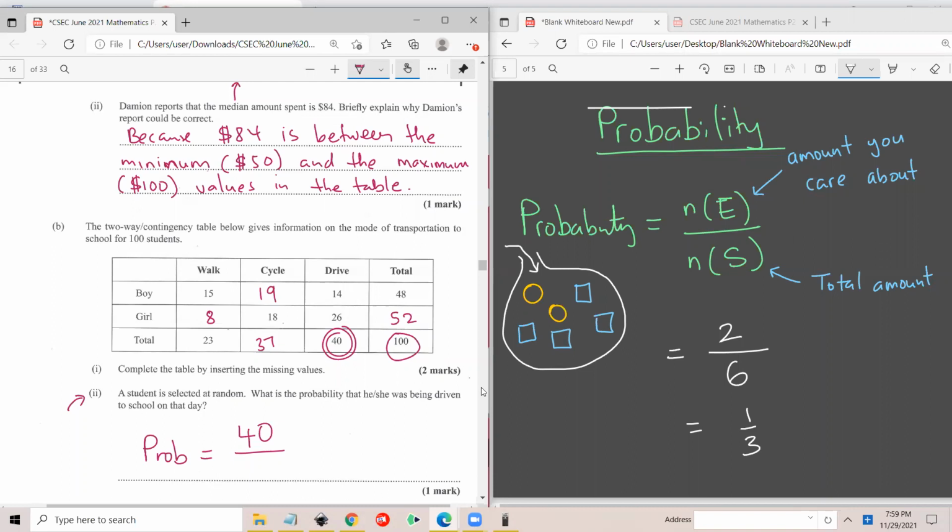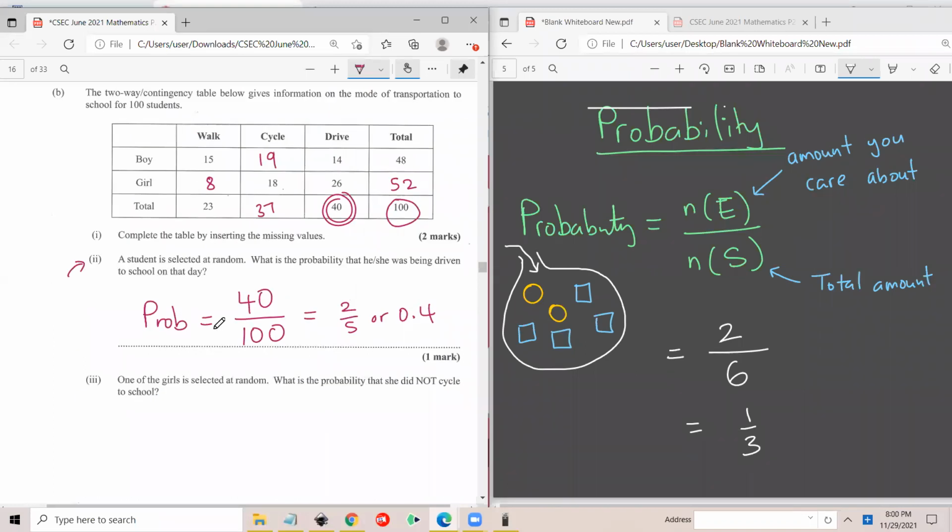Because you have to divide what you care about by the total number of people. It'd be 100. So if you divide this, you'll get 2/5 or 0.4. You'll get the marks whether you leave it as a fraction or put it as a decimal. That is the end of the question. Nothing else to do there.